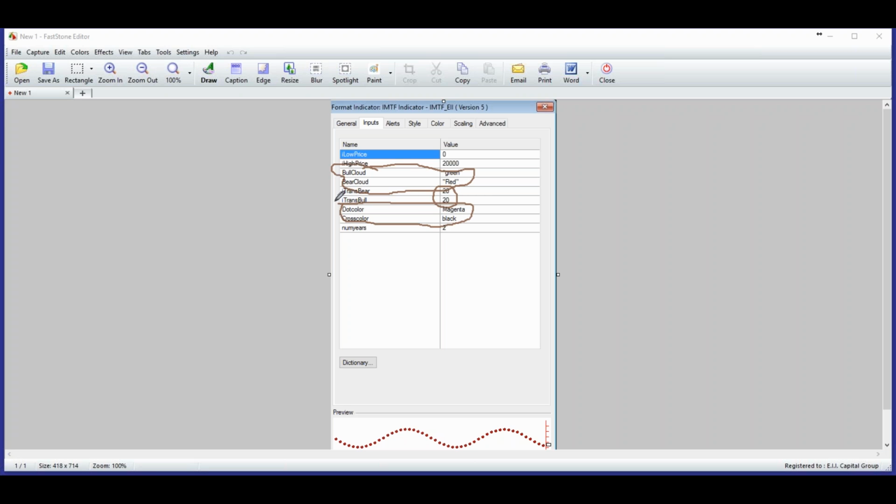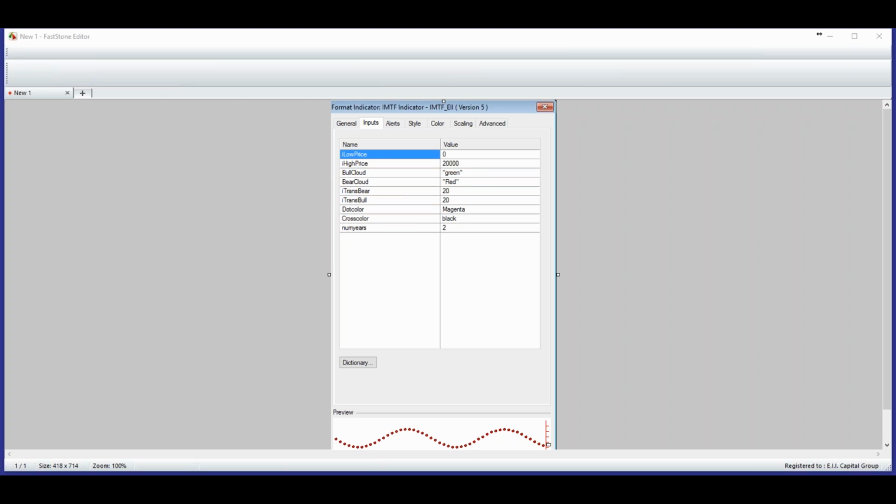The key thing here is this value right there. If you're on a higher time frame and you want to see dots and crosses that go further back in time, you need to change this. This basically tells TradeStation to go back for 2 years and get all the 1-minute data up to monthly data. So if you're looking at a weekly or monthly chart and you want to go back for 10 years, you need to change this to 5 or 10 years.